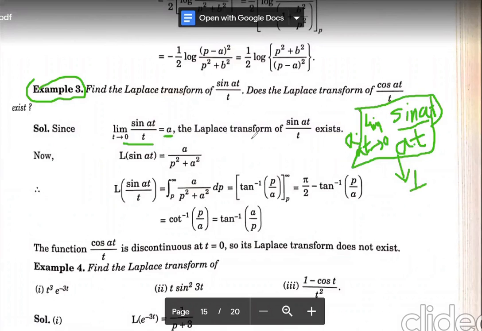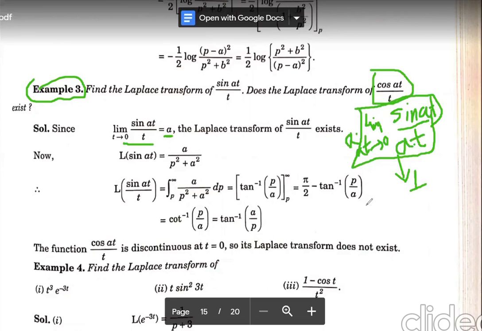Then you need to check whether the Laplace transform of cos of at by t exists or not. Obviously it does not exist, because as t tends to 0, cos of at by t has limiting value infinity, so the function is discontinuous at t equal to 0.